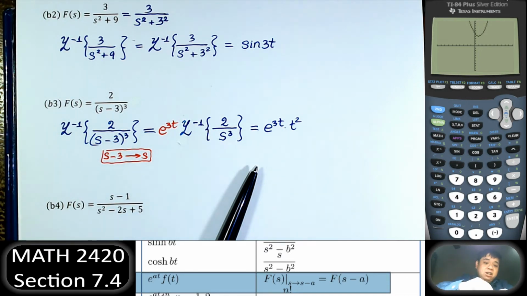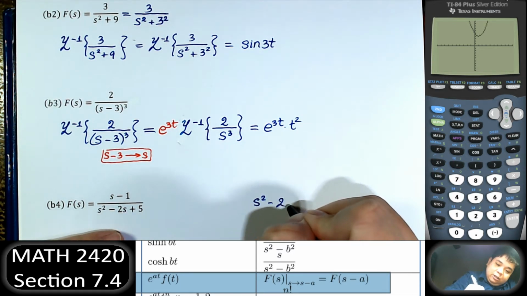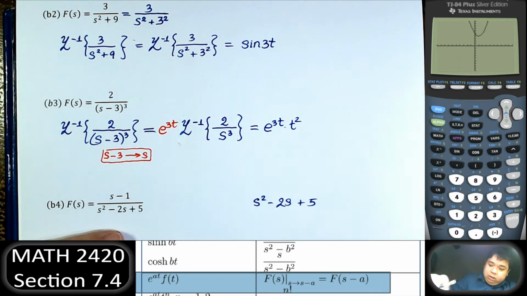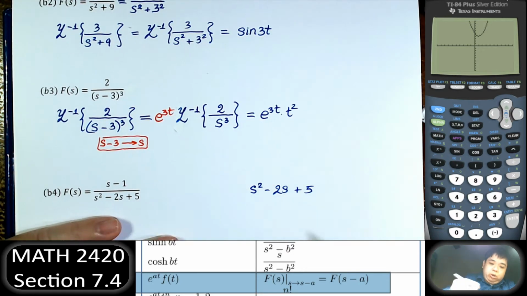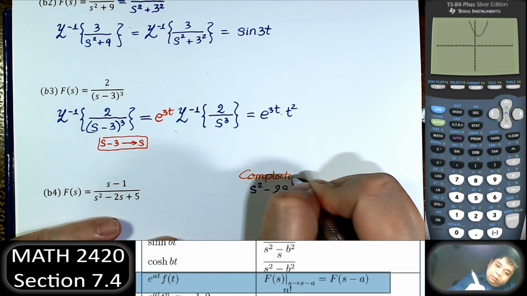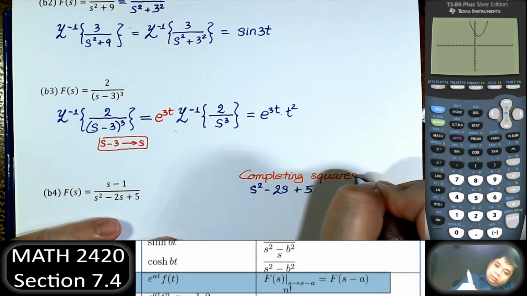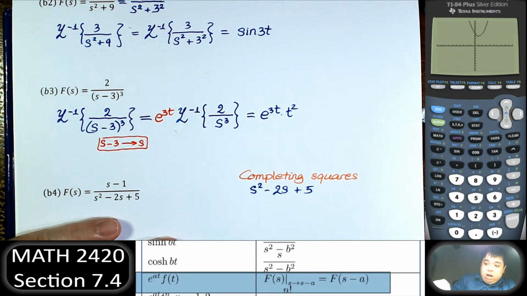So we cannot factor. If we cannot factor, what we can do is complete the square. So we start with that.